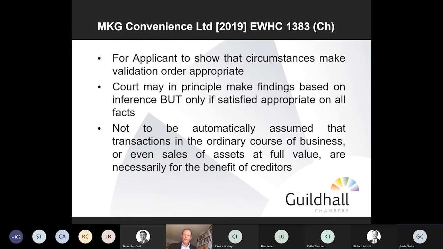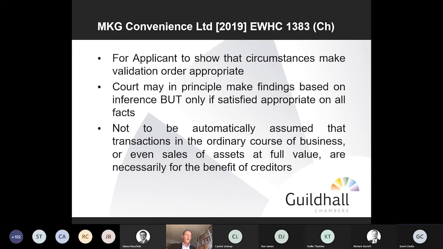There was evidence to show that NISA did have a monitoring process, and it may well have been the case that they were aware of the petition. But critically in that case, the judge made a number of findings which again really supported the position as set out in Express Electrical. So the judge made it very clear that it's for the applicant to show the circumstances that make a validation order appropriate.